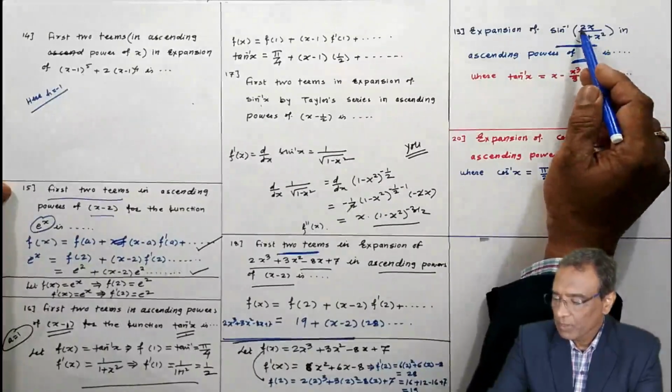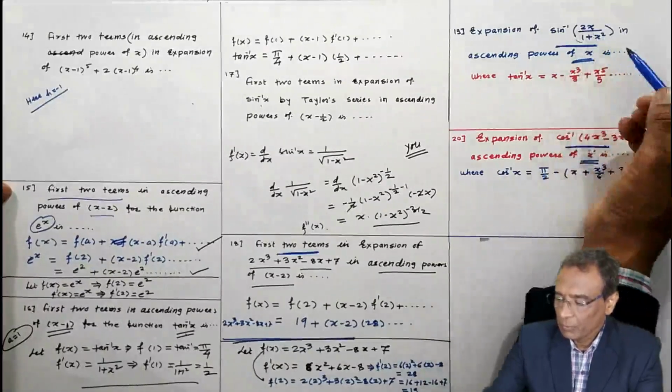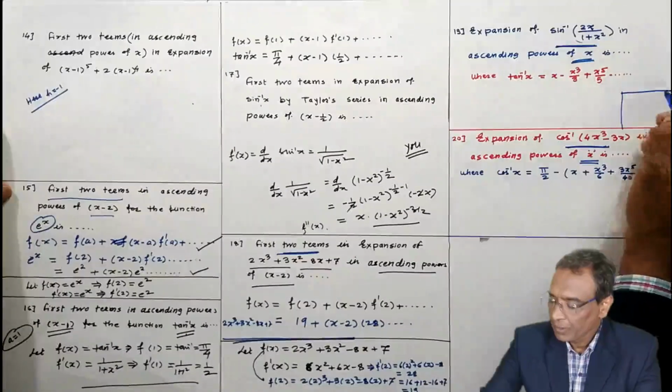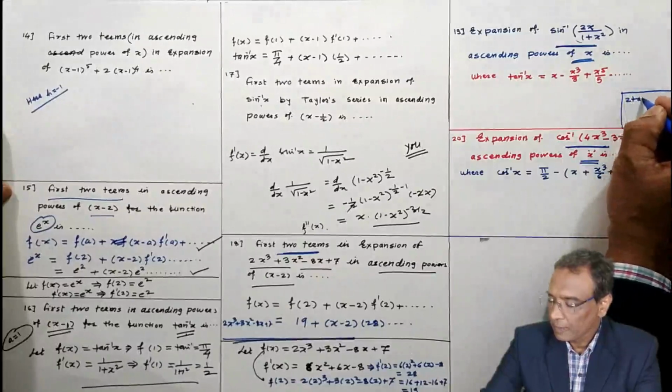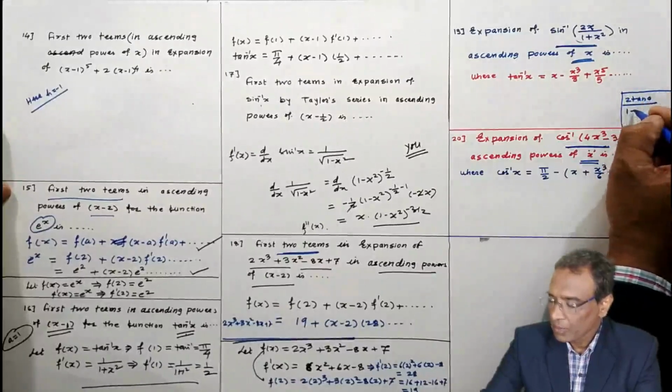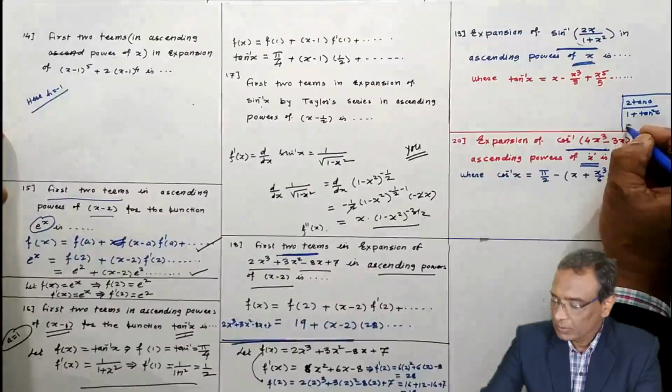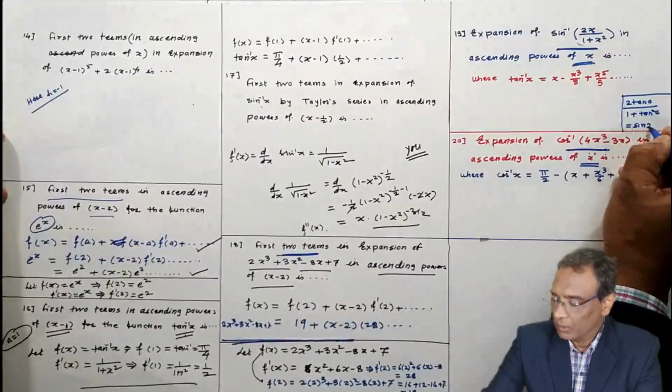If you put x equal to tan theta, this formula we have: 2 tan theta by 1 plus tan square theta is sine 2 theta. This is sine 2 theta formula.